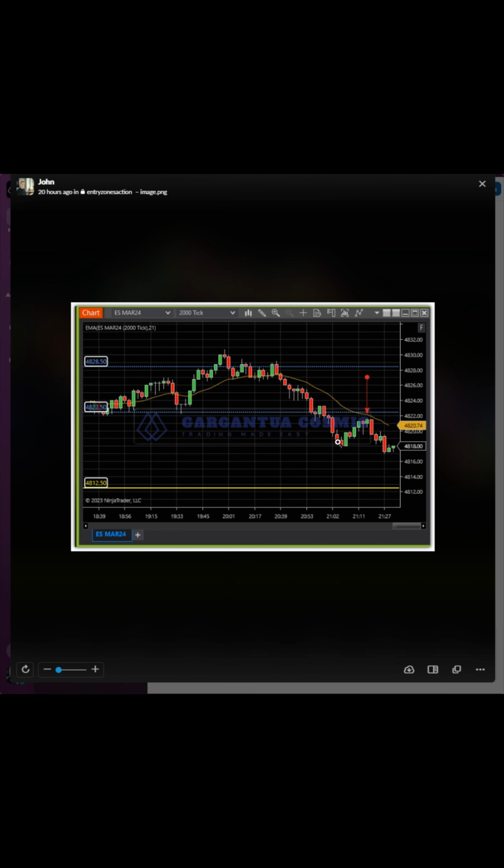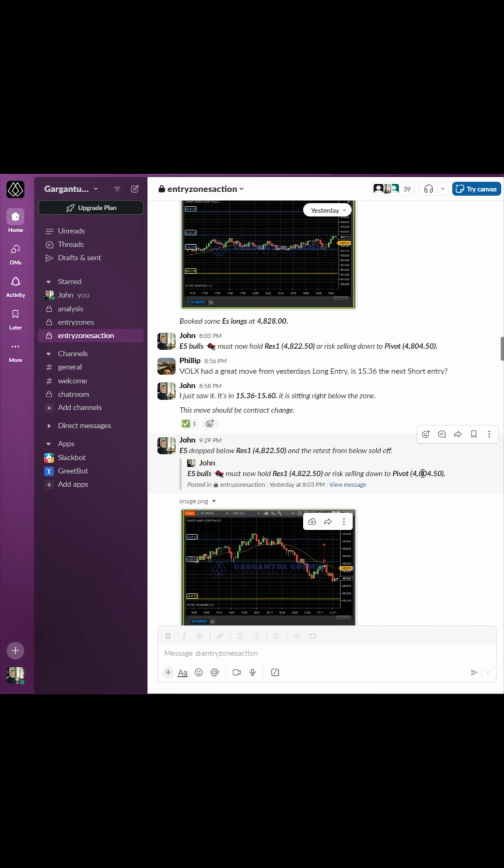So a pullback to this level is a shorting opportunity, and indeed this pullback was a shorting opportunity, and it pushed the index lower, and indeed it went down to the pivot.